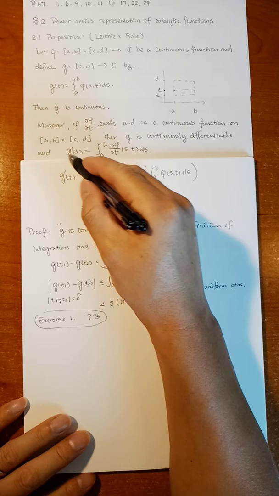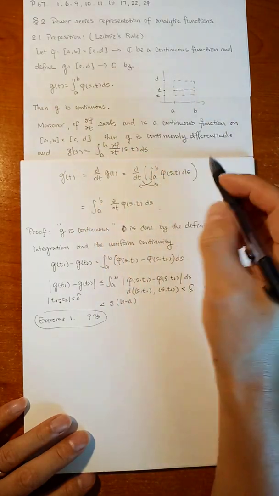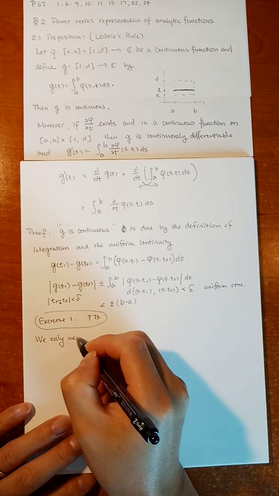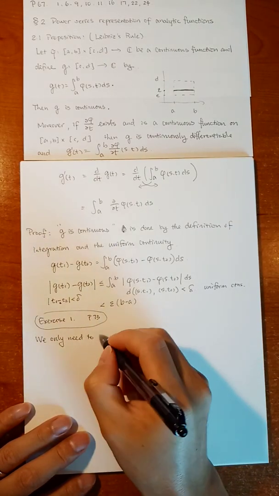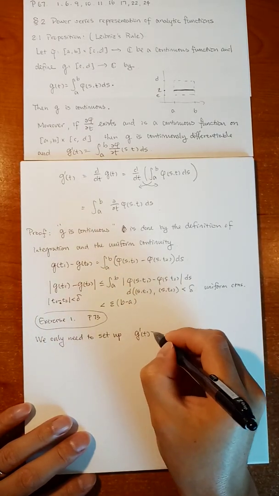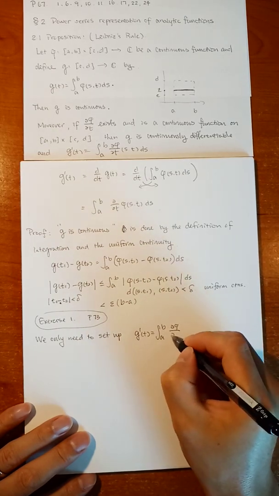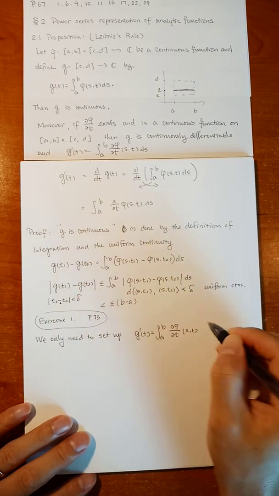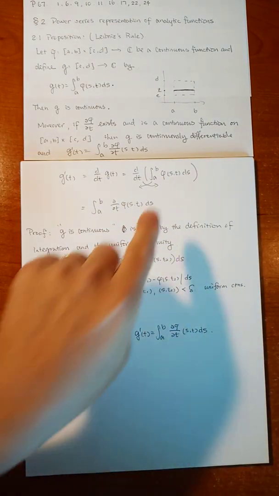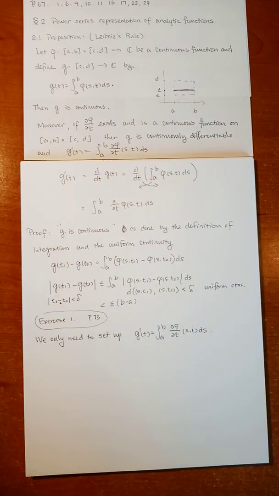So we only need to set up g prime of t equal to the integral of partial phi partial t evaluated at (s,t) ds. This is what we need to prove. The differentiability is done by this. Continuity is done by part 1.